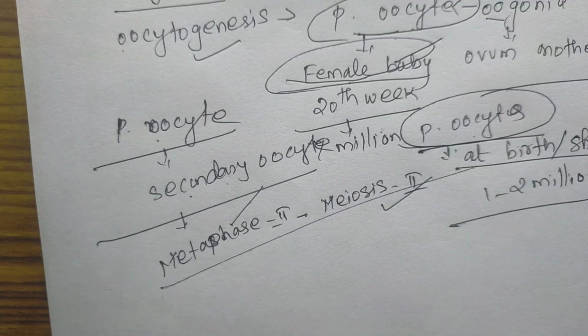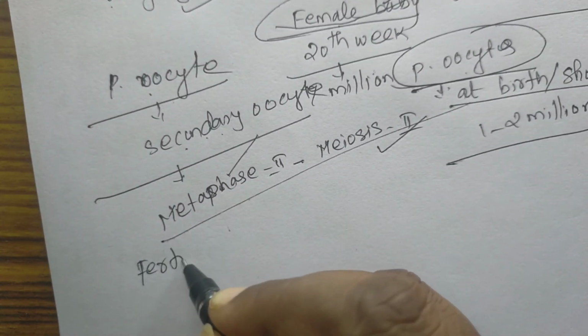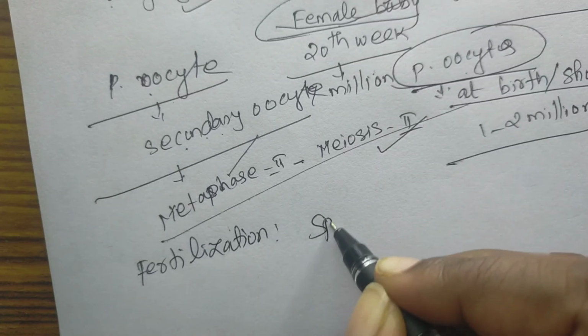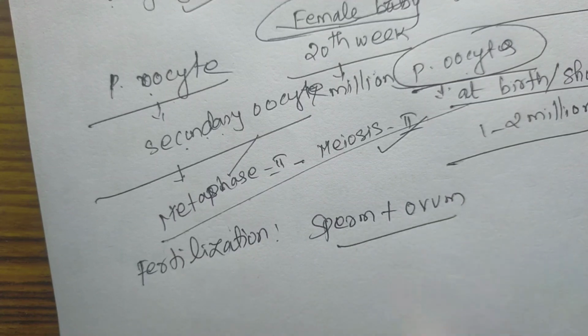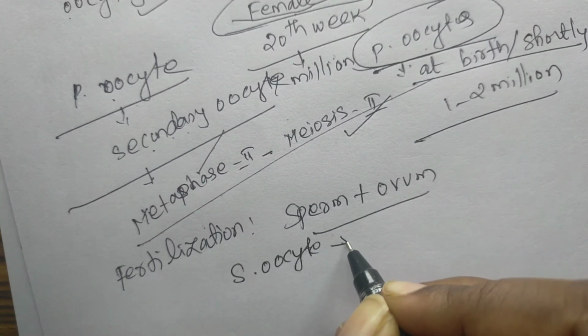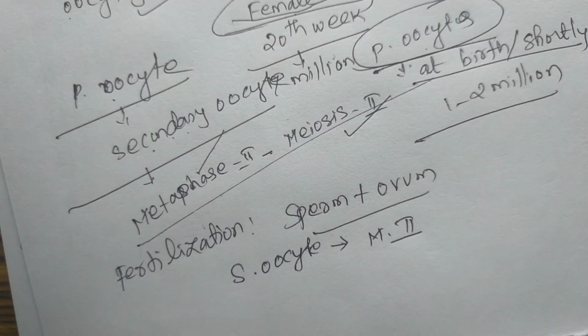So what happens here? When the sperm enters the secondary oocyte, for example, if there is a fertilization where the sperm meets the ovum, the secondary oocyte will undergo meiosis 2 to complete the process.